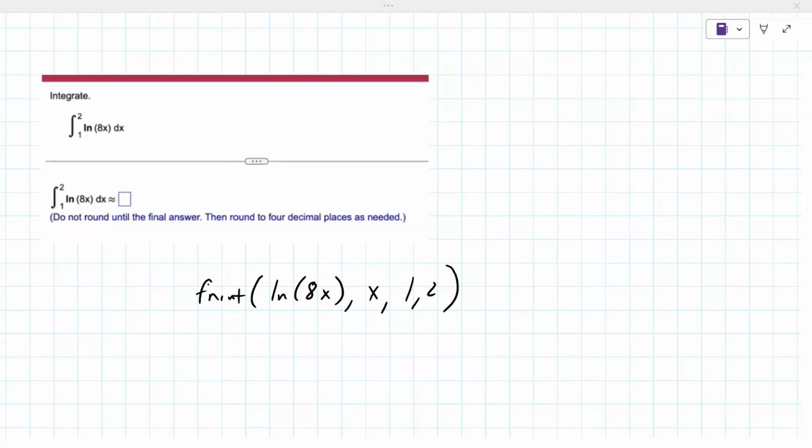Almost caught up. Yeah, 2.4657 for that.